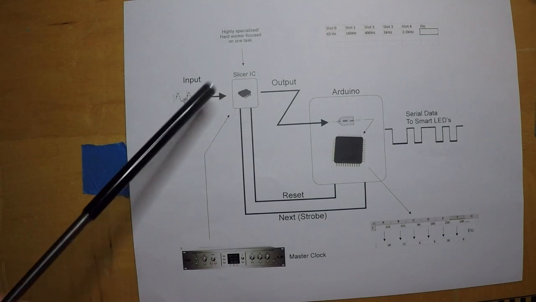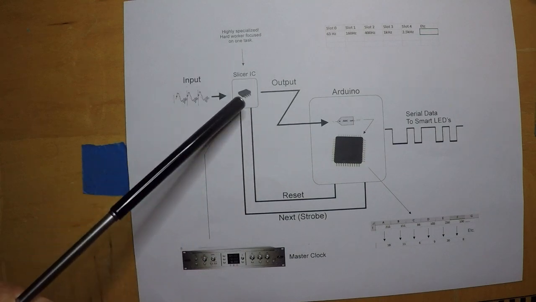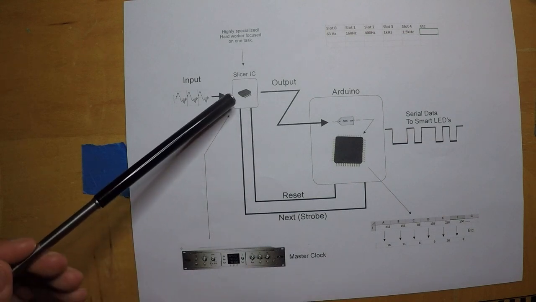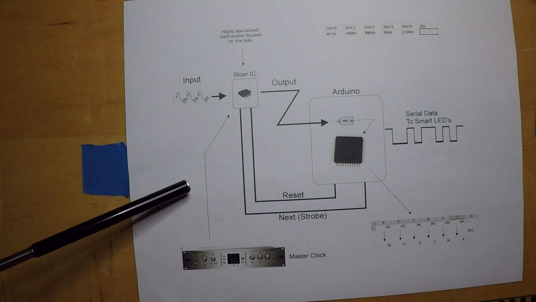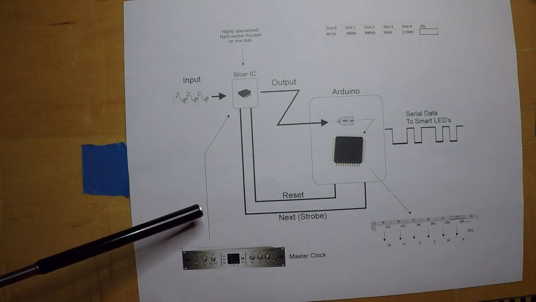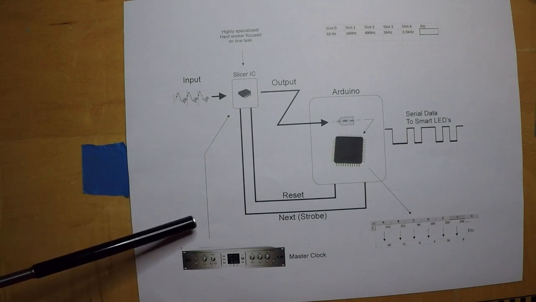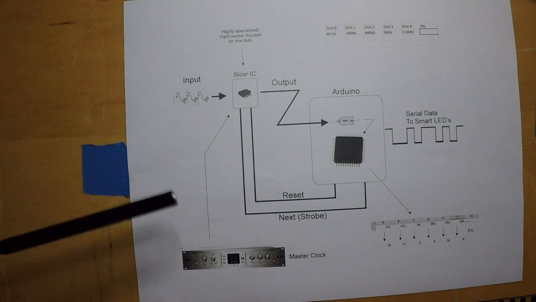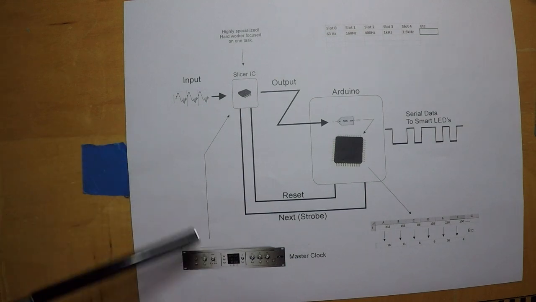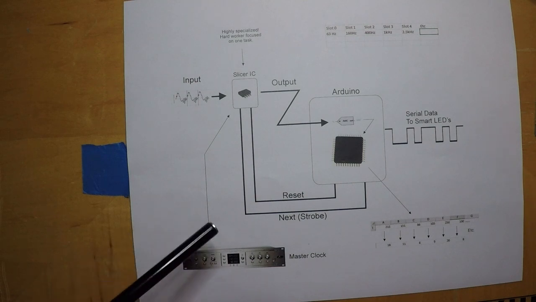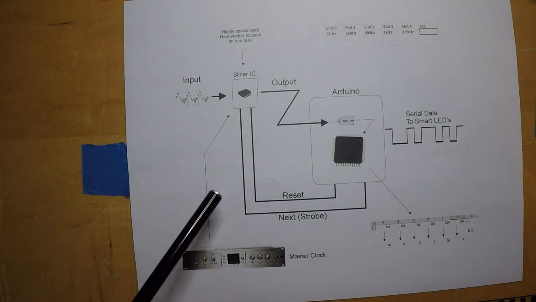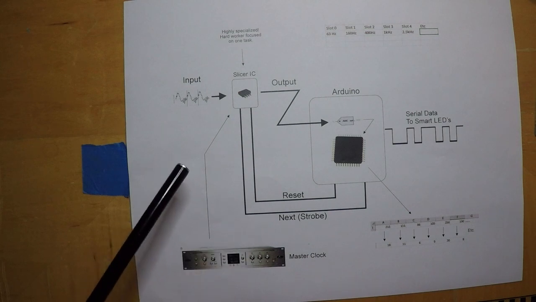Now, there are folks that develop projects around the slicer IC, and for a clock train they will use a resistor capacitor network that kind of forms like a charge pump and makes a rather ugly pulse train, but it does make a pulse train. The only thing about those pulse trains is that we're dealing with very low capacitance on that circuit. So there's a tendency for that clock to want to stray.